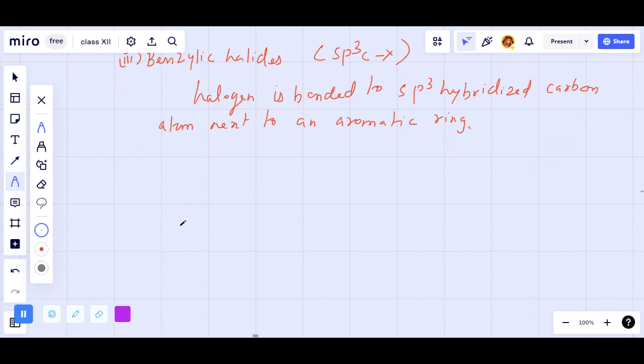For example, if you take a compound like this, with CH2Cl, this is the star carbon, which is attached to an aromatic ring. That is called benzyl, so this is benzyl chloride, a benzyl halide.